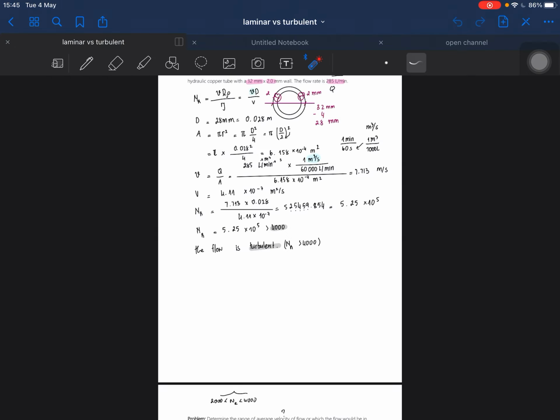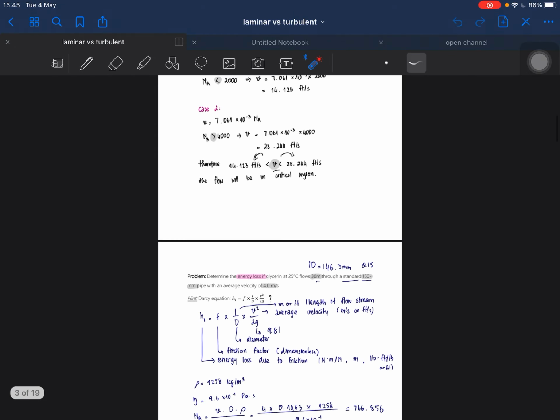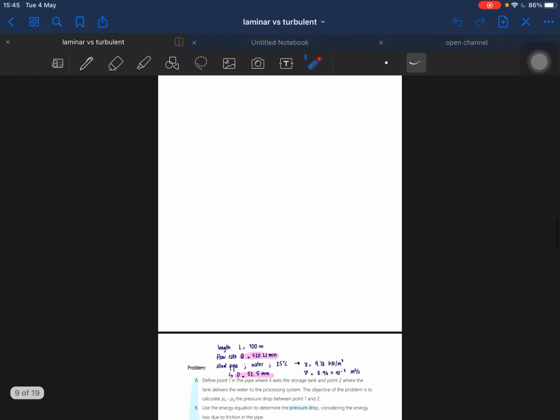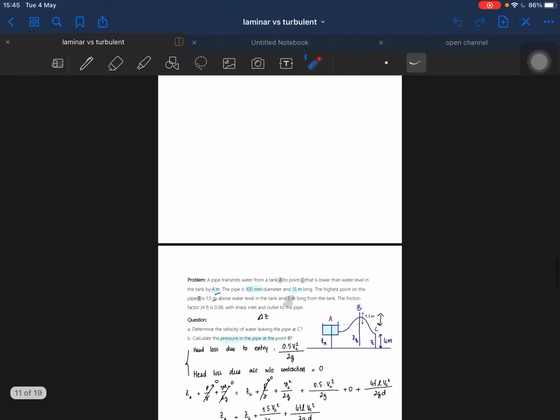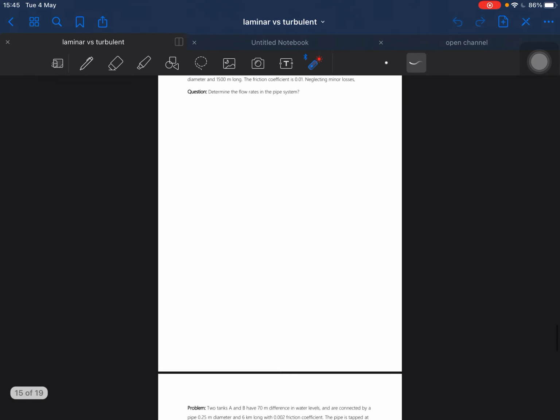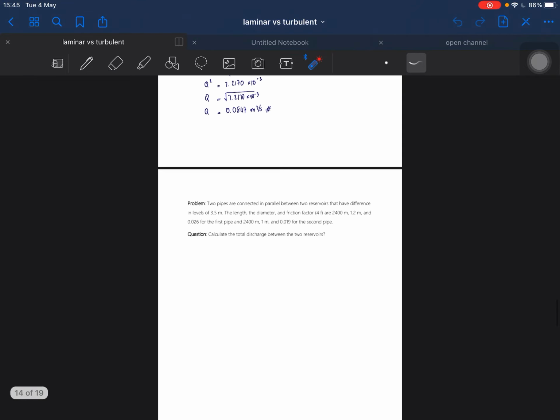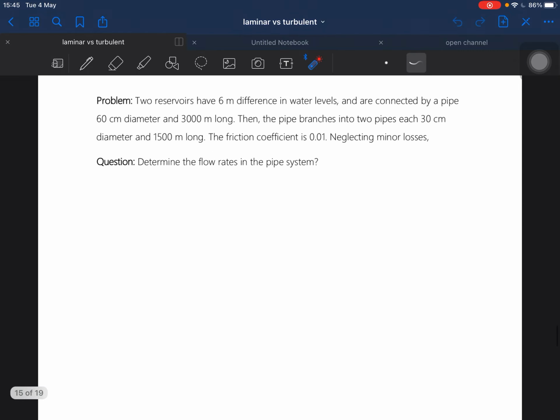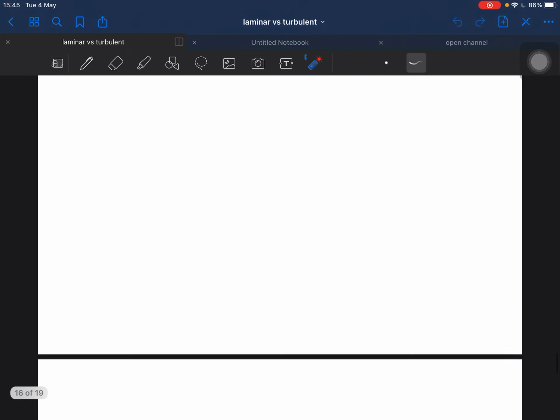And for this laminar and turbulent, we still have more, right? We have like 6 more. Or we have done it? Yeah, not yet. I almost forgot what is turbulent, what is laminar, but yeah, of course.